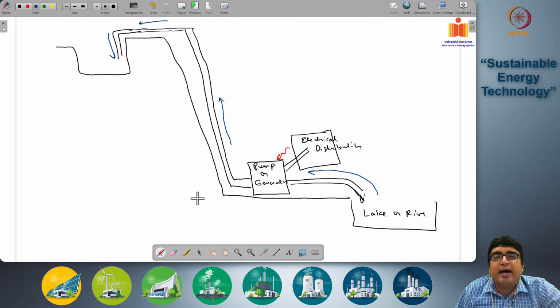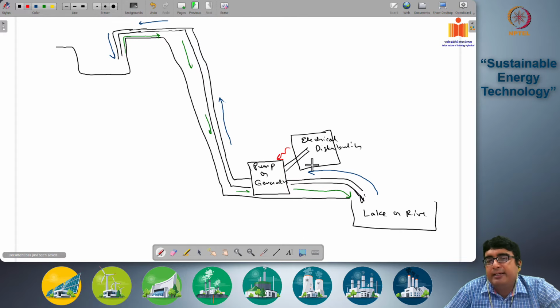And when you have extra demand and lower production, then water is pushed back down using our turbine, and in this case electricity is being generated by the pump running in reverse. So we are getting back electricity, and this electricity is flowing back into the grid.